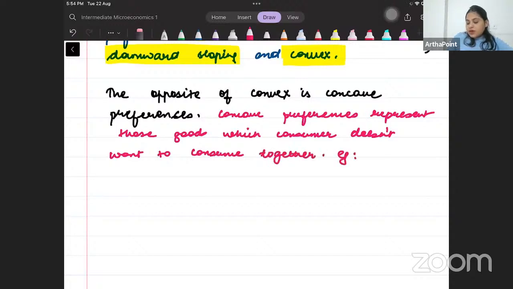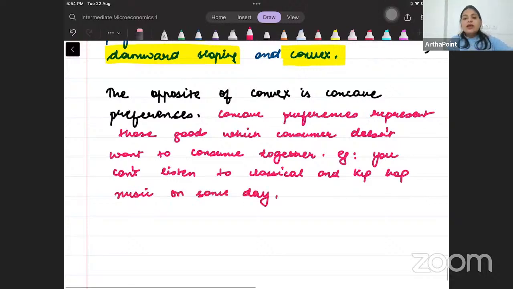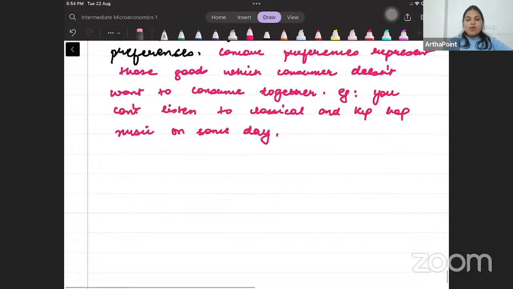Like, you cannot listen to classical and hip hop music on same day. Matlab, at least I cannot listen, right? So that is a concave. You cannot wear orange and pink together, na? That's also concave. So जब दो चीजों में से सिर्फ एक ही करते हो, वो concave preference कहलाता है.